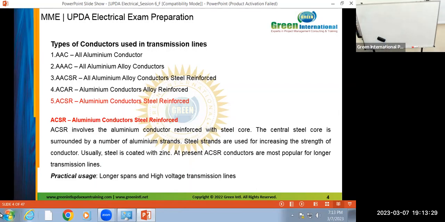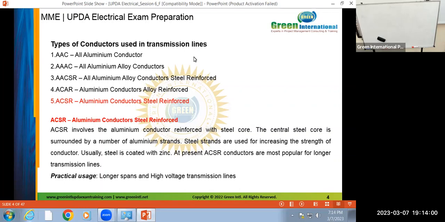ACSR stands for aluminum conductor steel reinforced. From this word, what we understand is that the conductor has aluminum and steel. From the name, we understand that in the center we have steel, and the outer is aluminum.